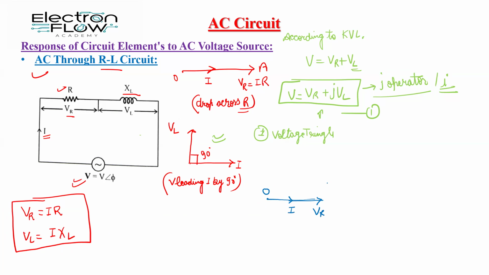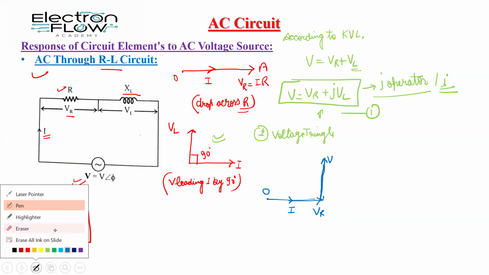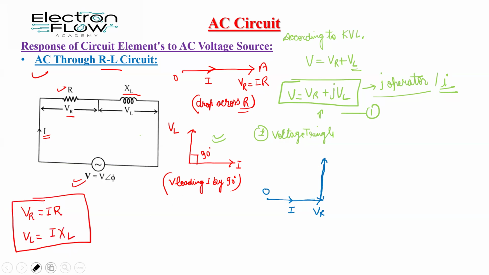And from VR, 90 degrees apart is j VL. This is our current, and the total voltage is the resultant of the both.